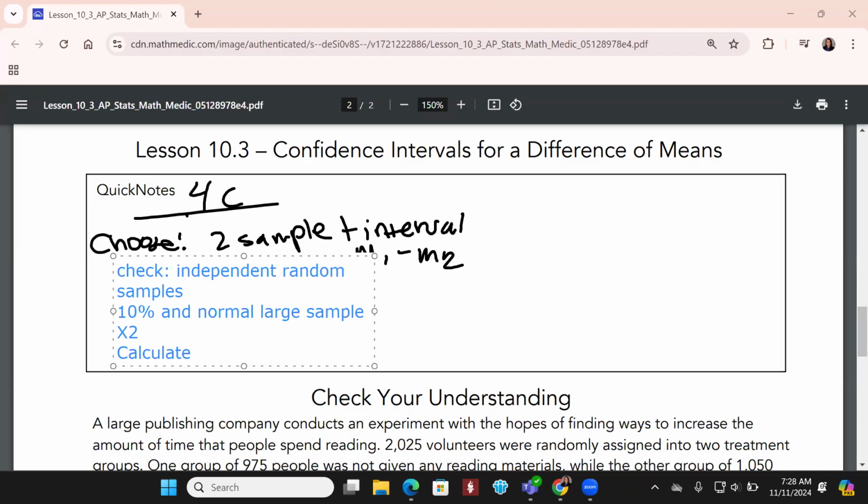Calculate is that formula from the front. And then conclude. We are, whatever the percentage is, confident. So nothing really new going on there.